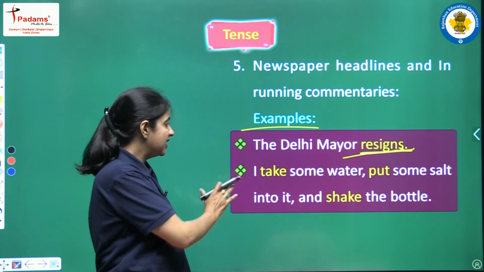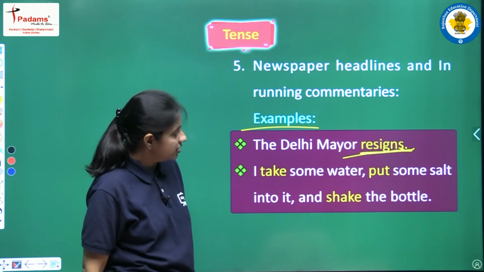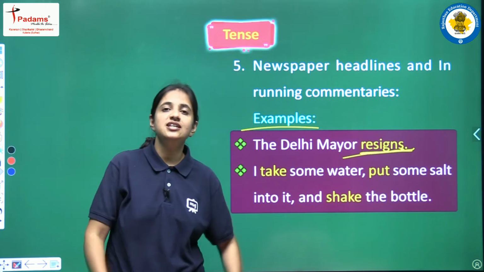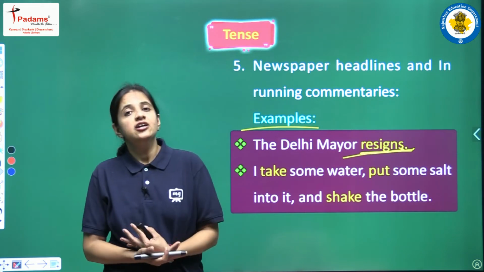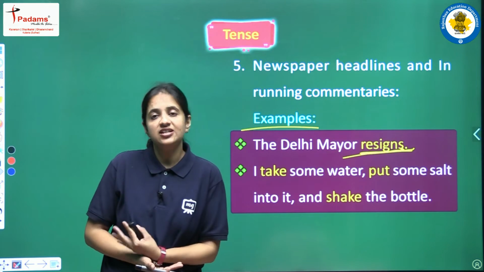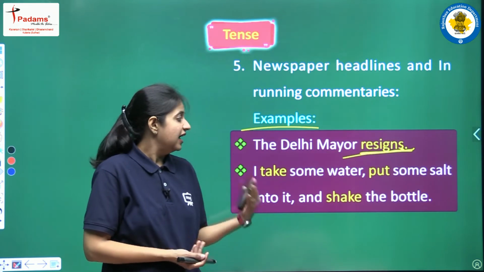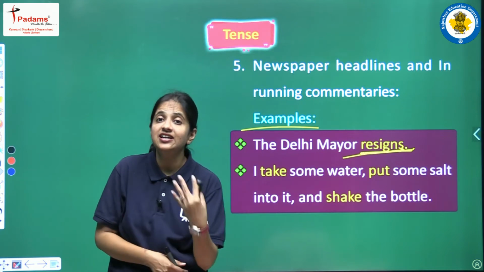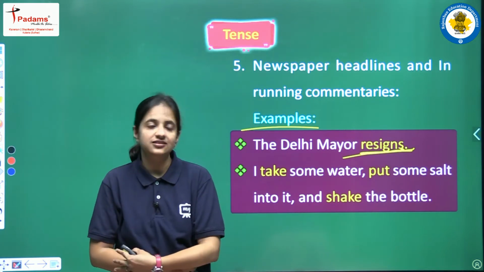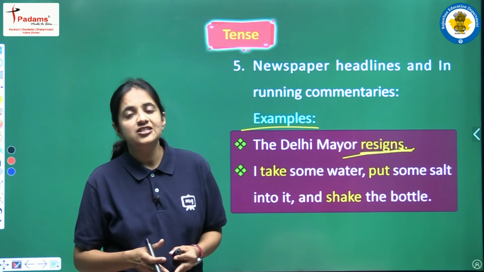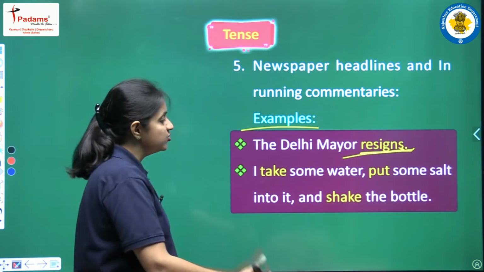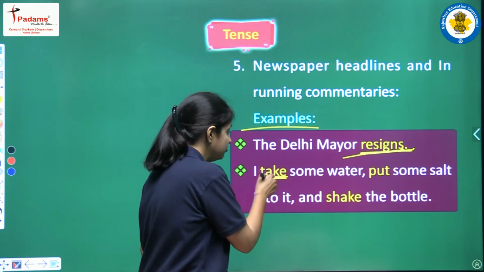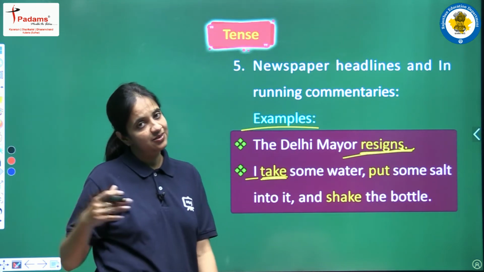So this is the present simple tense. Clear? Second is "I take some water, put some salt into it and shake the bottle." This is an example of running commentary, or we can say a demonstration. Some person is doing something and at the same time is demonstrating that thing. At that time we can say he is doing the running commentary. So he is using the present simple tense and saying I take, again first form, because I is a plural subject.